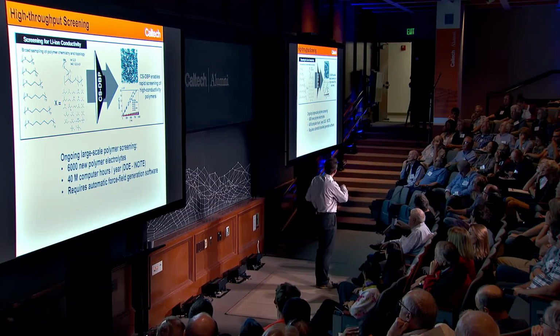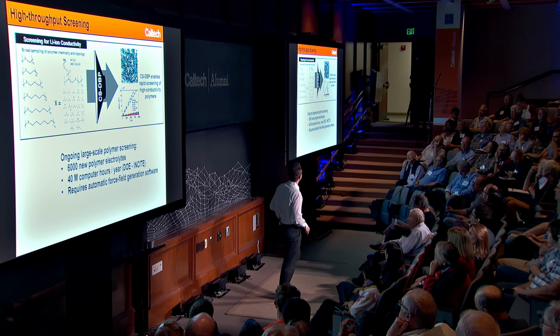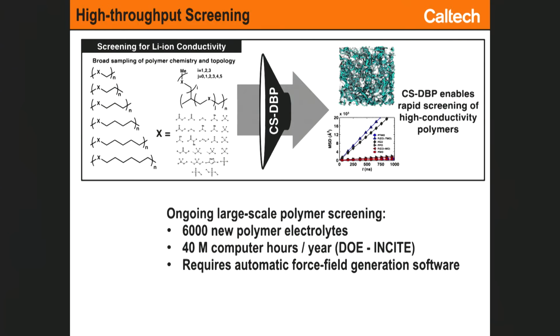We simply don't know for many of these molecules how they interact among each other. So we've had to develop generalized force field prediction, or basically interaction potential prediction software to enable us to automatically model all of these different potential molecules that we want to investigate.